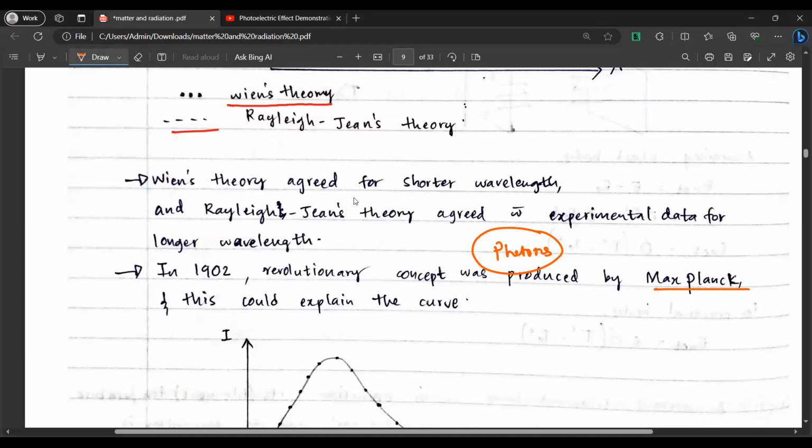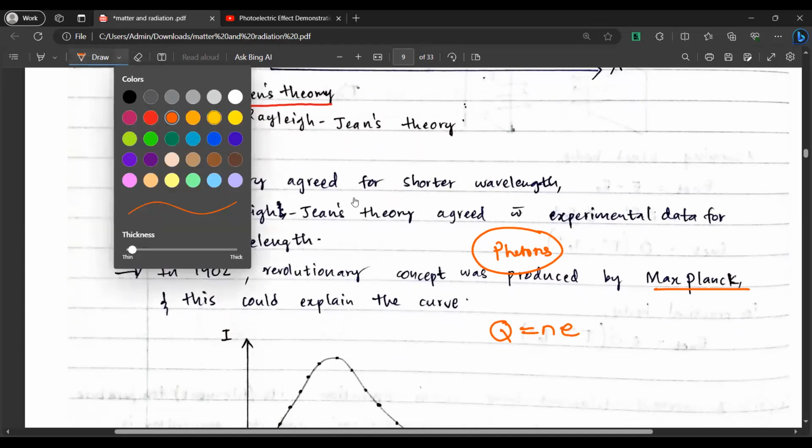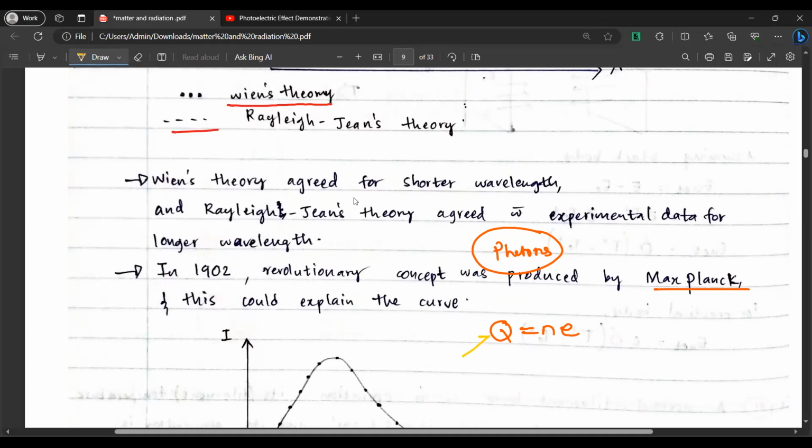Quantized means that there is an equation like Q is equal to nE, where Q is the total amount, the physical quantity, and E is the quantum. That means you cannot divide this into a smaller amount. This is the smallest amount. And this n will be a whole number, a whole integer.